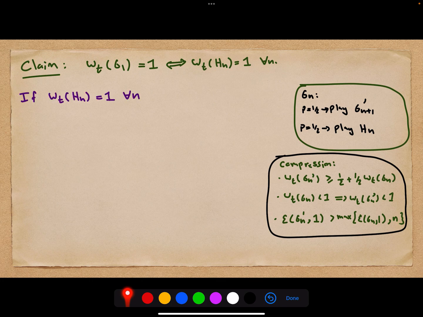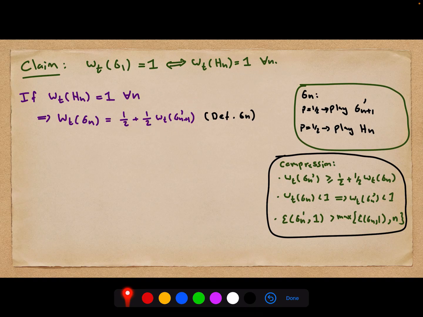So first, let's assume that every single game in our original family indeed does have a value that's 1. Then, we know that the nth game in this new family, by definition, is going to be equal to 1/2 plus 1/2 times the value of its compression, since with probability 1/2, it plays the n+1 compressed game, and with probability 1/2, it plays this game which has a value 1 by assumption.